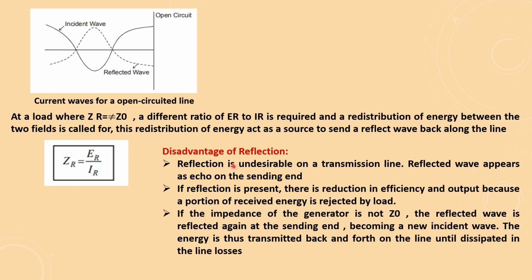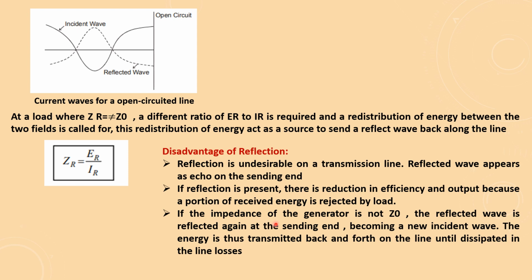So what are the disadvantages of reflections? Reflection is undesirable on a transmission line. This reflected wave appears as an echo on the sending end. Whatever signal is sent from the transmitter will be reflected back, and there is a reduction in efficiency.